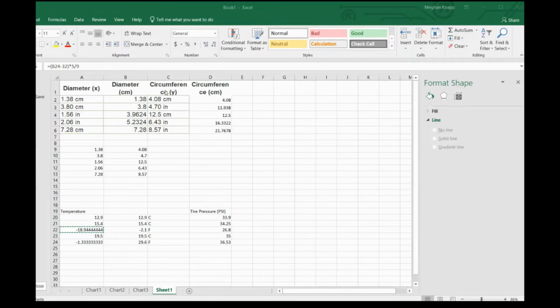And then 2 columns over, I have the circumference, and some of them are in centimeters, some of them are in inches. So it doesn't matter a whole lot for this particular one whether you go centimeters or inches, but in your labs, you're always going to want to go with the metric unit or check with your professor or TA. So in the next column over, I have done the calculations to get everything into centimeters.